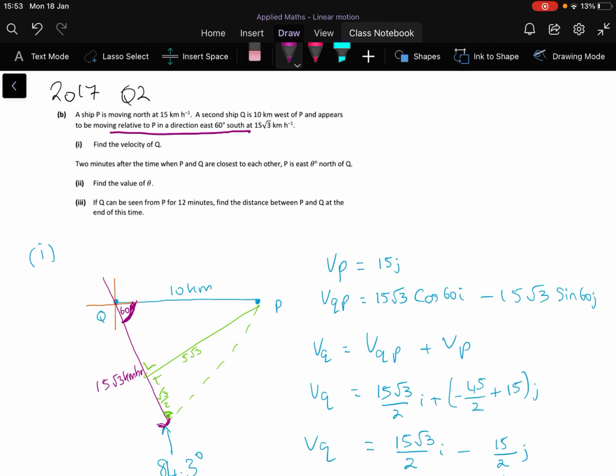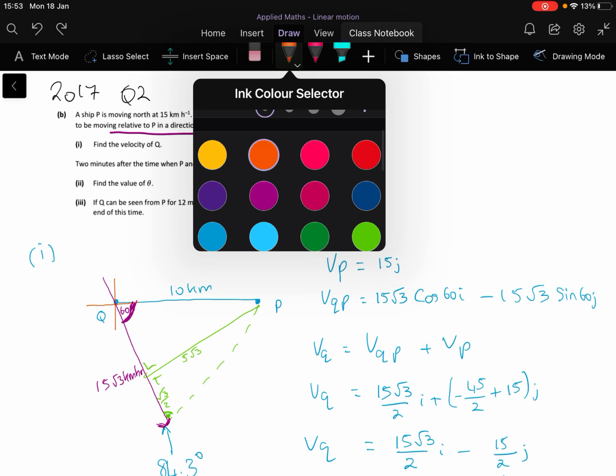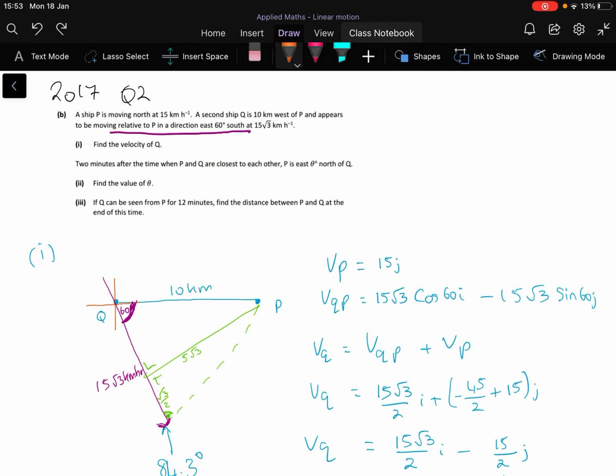So now I can find the velocity of Q relative to P by using my speed, which would be the U value. In this case, it's 15√3. If I change the colour of my pen, because I'm looking for this part here, if I join this up, the j part of it is going to be my opposite and my hypotenuse. So I'm going to use sine, and it's going to be the speed times the sine of 60.